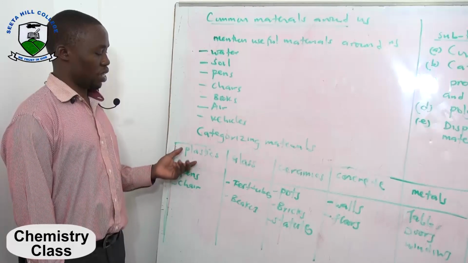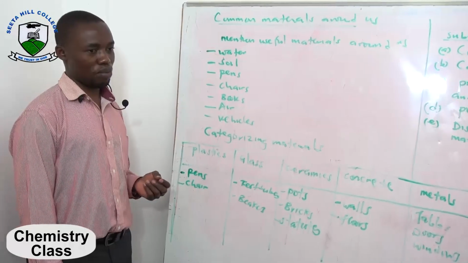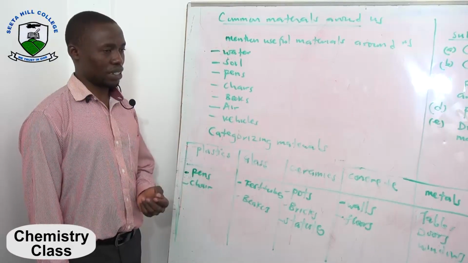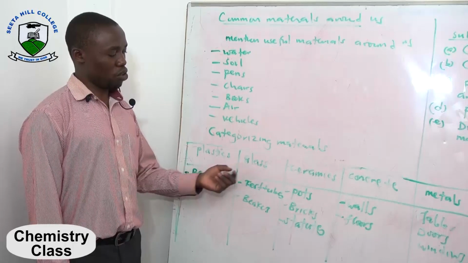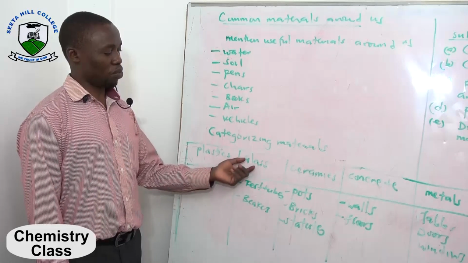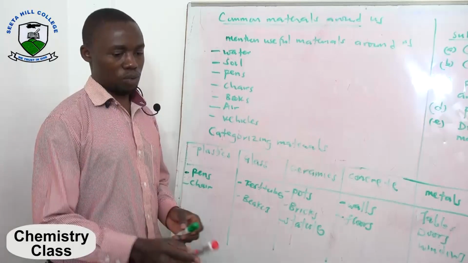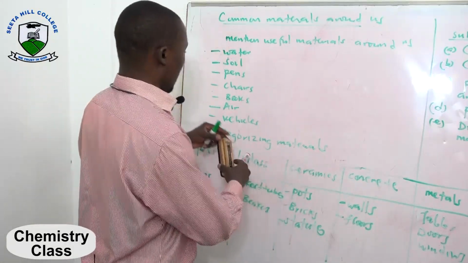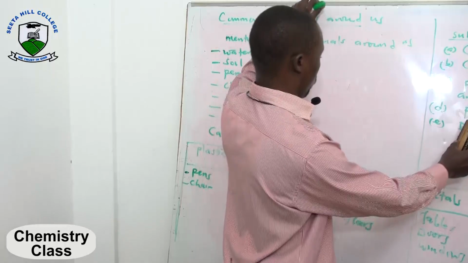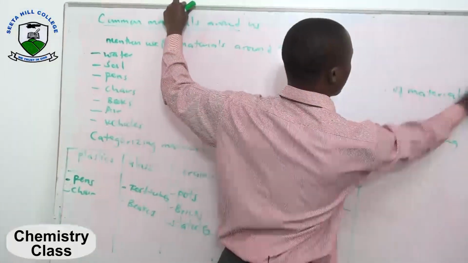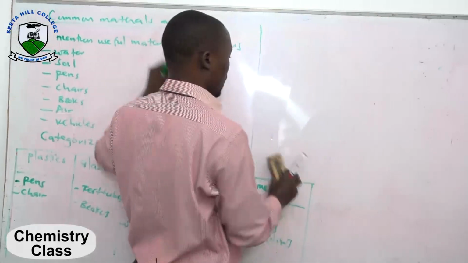What are some of the properties that make them important? What is glass? What is glass made of? What are some of the properties of each? Now, let us try to pick up properties here of each category.